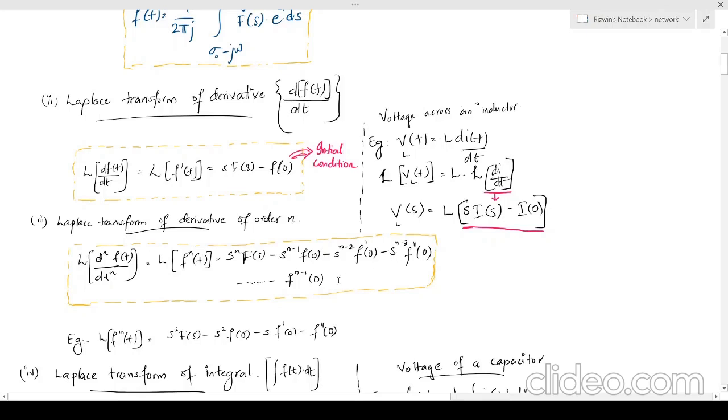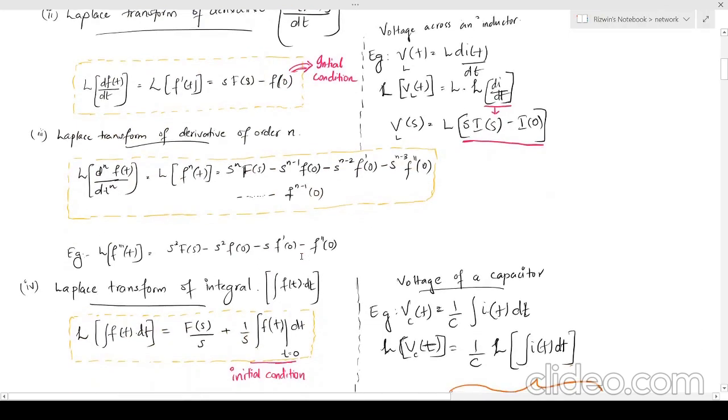S raised to 0 is 1, and that function will be f raised to n minus 1 of 0. So we are substituting 0 for the time variable in each function and taking the derivative at each step, as you could see from the equation. That's the case when the derivative is of order n.